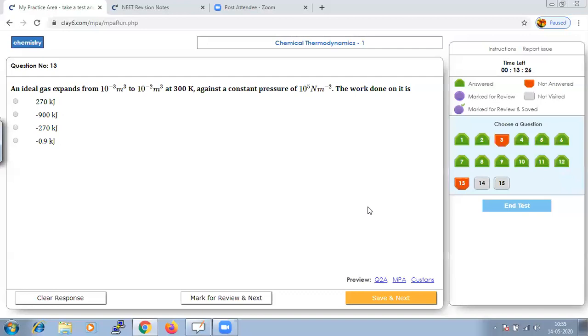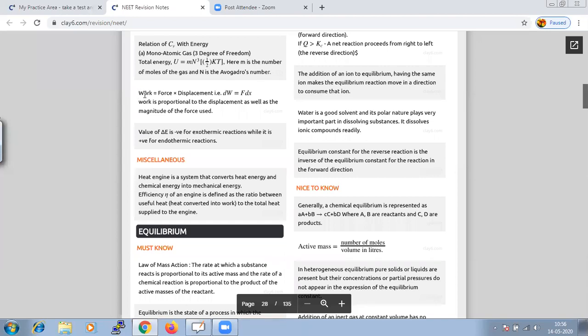An ideal gas expands from 10 to the power of minus 3 to 10 to the power of minus 2 at 300 Kelvin against a pressure. The work done on it is what they have asked us. So what is the formula for work done? See, work is equal to force into displacement.